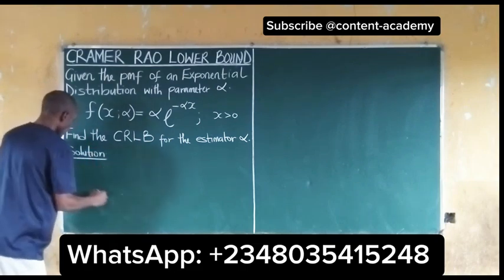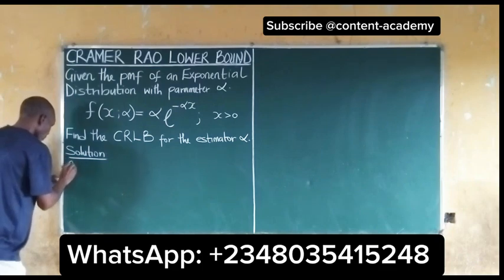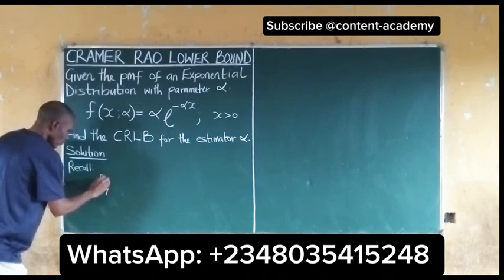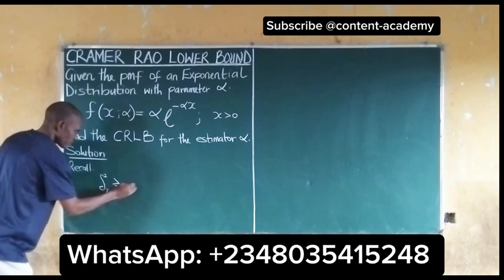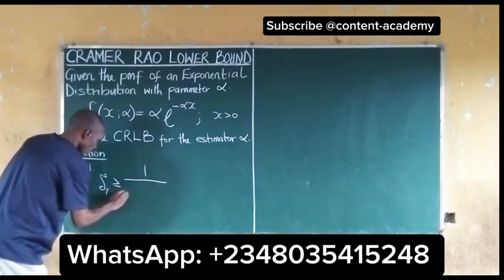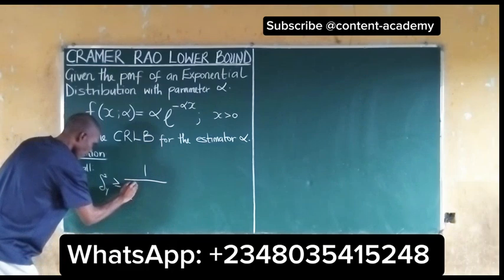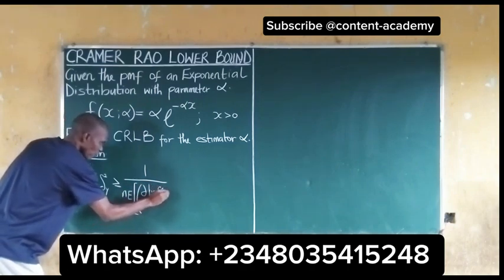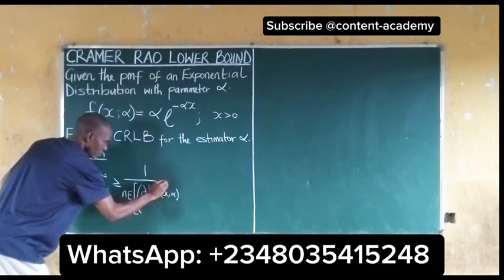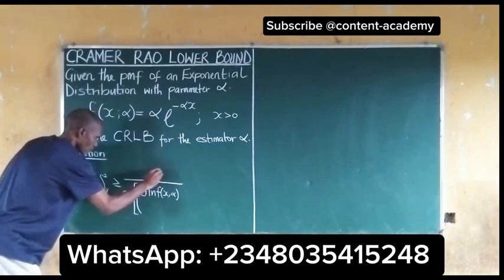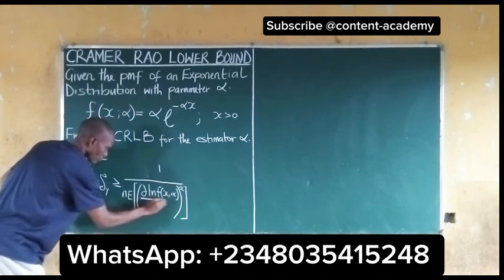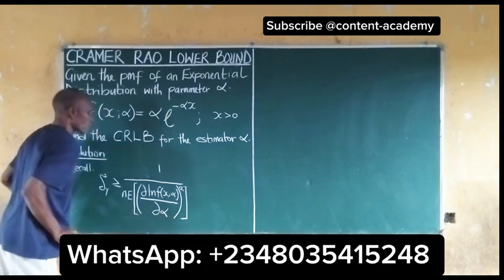The first thing you have to recall is the Cramér-Rao inequality. Recall that from the Cramér-Rao inequality, we have 1 all over n multiplied by the expectation of the differential log of the given function, all over alpha.